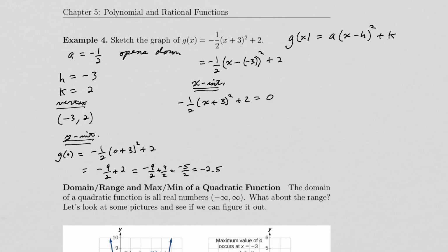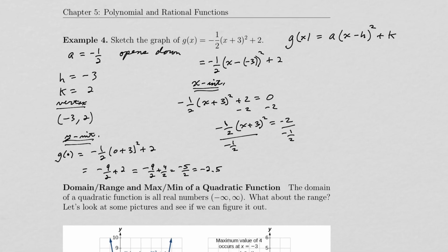All right, I guess the easiest way, I could expand this out, but you don't need to do that. Let's use the square root property. So first I have to isolate the square part. So I'm going to subtract 2 from both sides. So I have -1/2 times (x plus 3) squared is equal to -2. Then I'm going to multiply both sides by -2, or that's the same thing as dividing by -1/2.